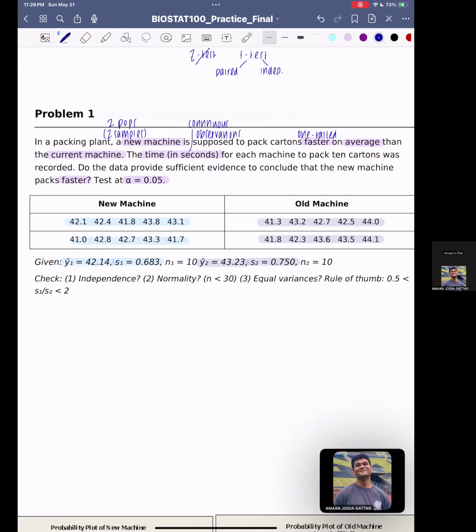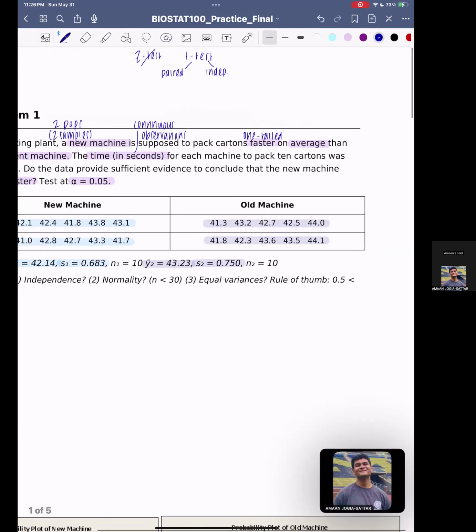Not in the same way as if you're taking two separate blood pressure measurements on the same person spaced out a little bit, where the first measurement and the second measurement might have some correlation structure, or if you're doing a baseline test and then expanding upon it. These two are completely different machines and they're expected to perform differently. So I would say that this is an independent setting.